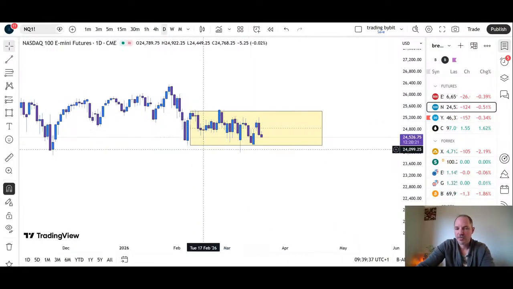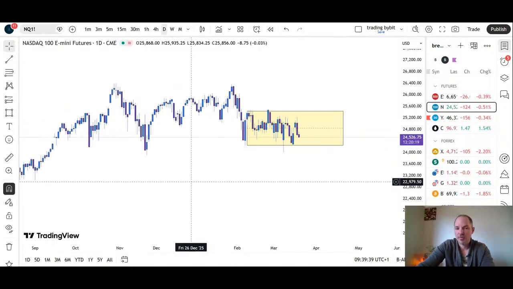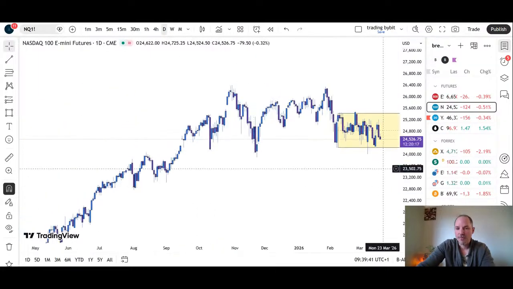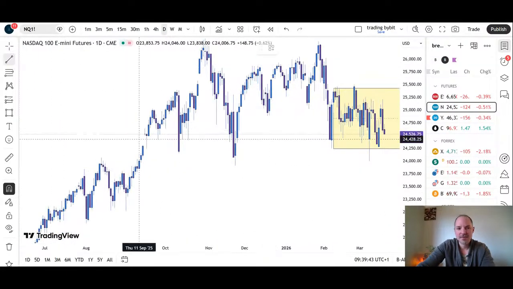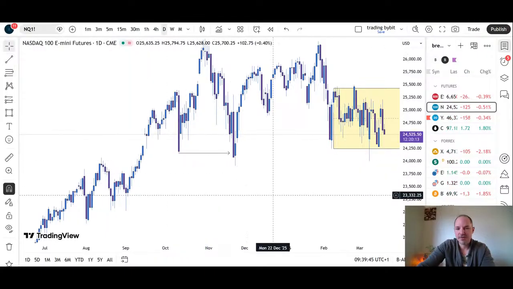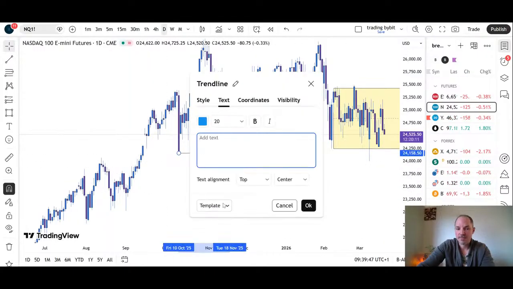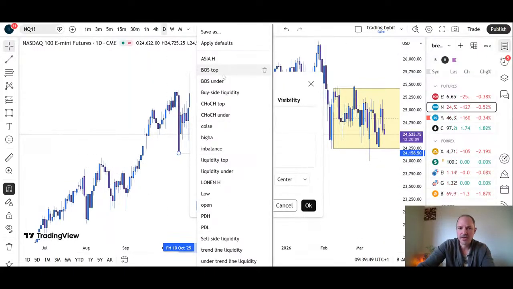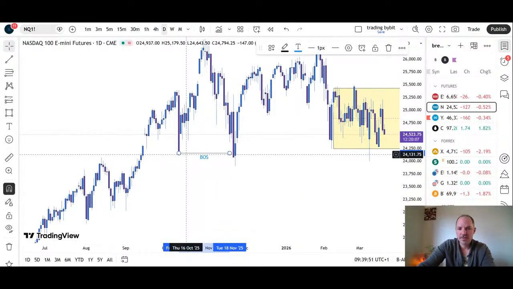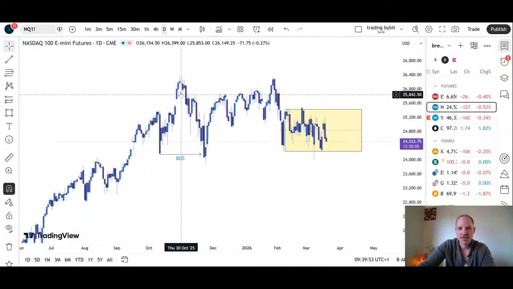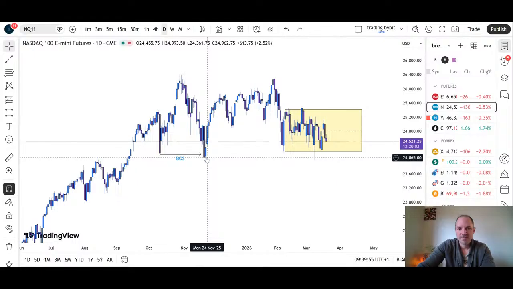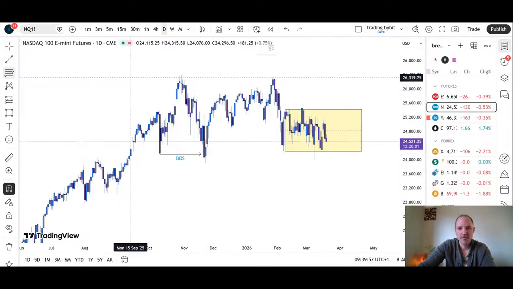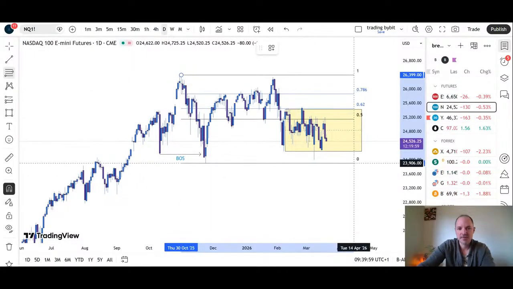That we are, first of all, still in this range, or this was actually a break of structure to the downside. What I was expecting once we were trading here is that this was a break of structure to the downside. This move here is actually the full retest of this liquidity here.